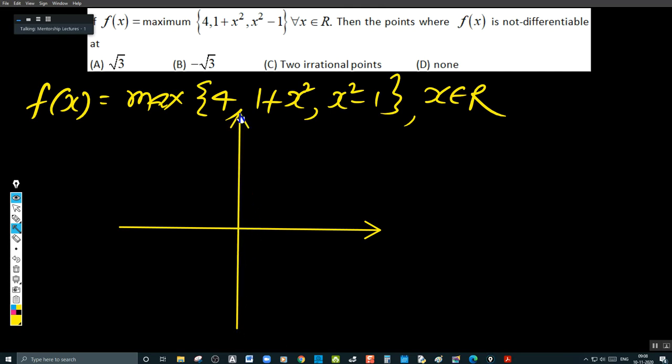You have to take three individual functions and then you have to take the maximum part of that from their intersection. First one is y is equal to 4. f of x is nothing but y. So let me draw that. Y is equal to 4. Somewhere I'll take, let me say this as 4.